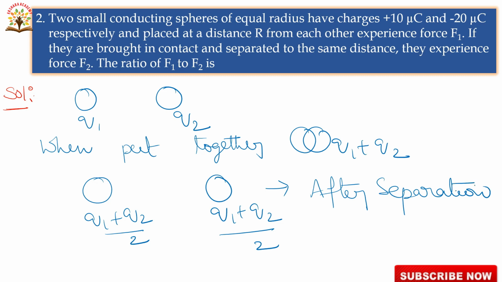Next, according to Coulomb's inverse square law, F is proportional to Q1 Q2. So F2 is proportional to Q1 plus Q2 by 2 into Q1 plus Q2 by 2.